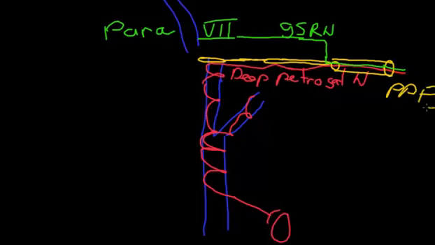And we'll talk about that area separately, other than to say that that is the key point where the second division, the maxillary division of the trigeminal nerve, will then distribute. So this is the pterygoid canal.